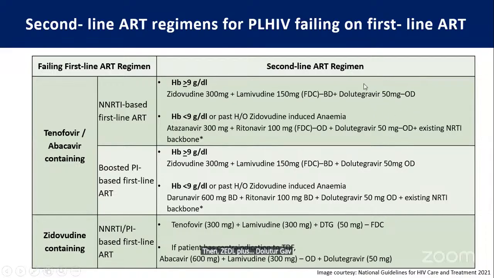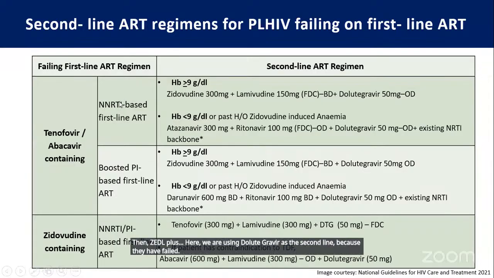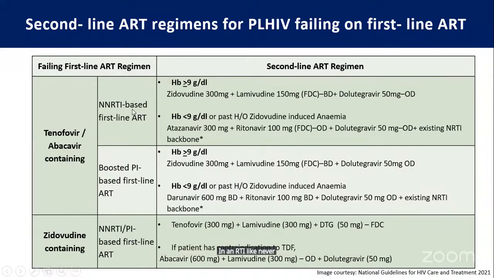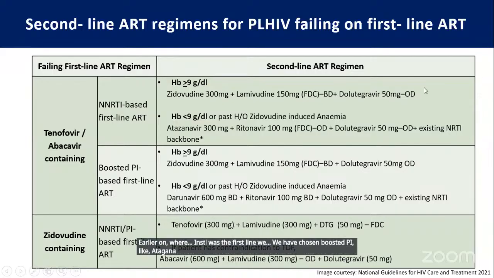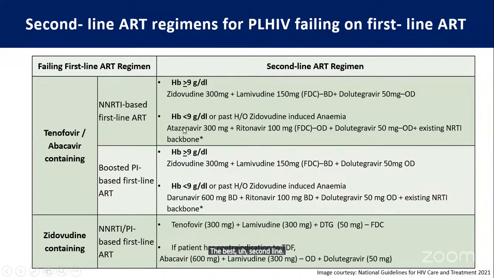Here we are using dolutegravir as the second line because they have failed on an NNRTI like nevirapine or efavirenz therapy. So here we are using an INSTI-based second line. DTG is the preferred one. Earlier, where INSTI was the first line, we chose boosted PI like atazanavir ritonavir as the best second line. So you need to remember all these small things.